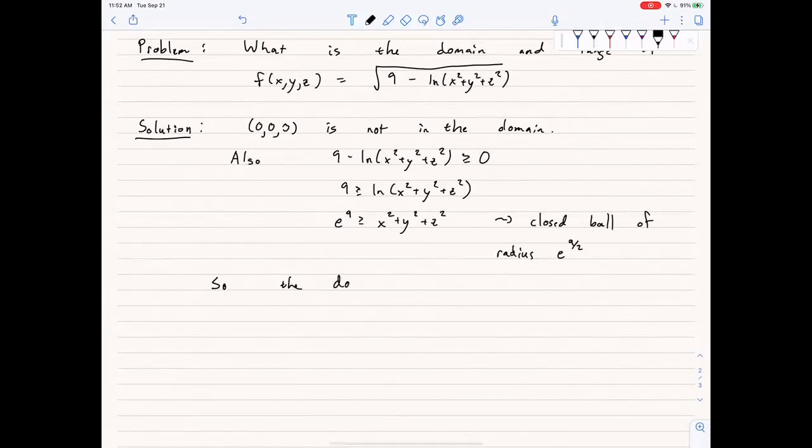The domain consists of all points x, y, z, such that we have this inequality: 0 is less than x squared plus y squared plus z squared, which is less than or equal to e to the 9 halves.